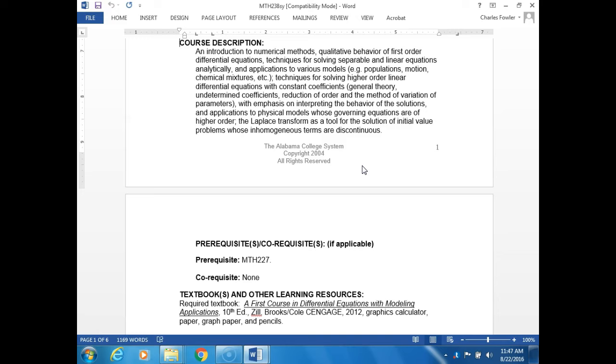Chapter 5 is again modeling. And chapter 6 is series solutions to linear equations. And again, that's a pretty hard thing to read, but I don't see series solutions on there either. So we skip chapter 5 and 6. Now I do see Laplace transform here. So we'll do chapter 7. And then systems of linear first-order differential equations.